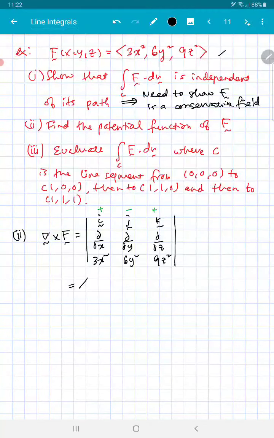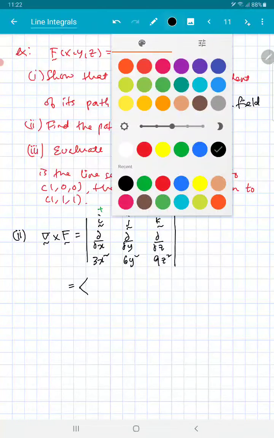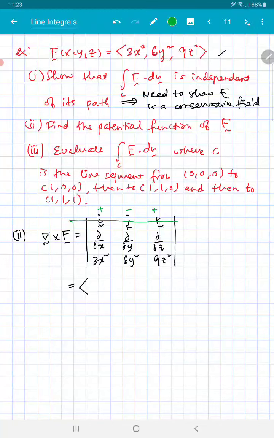Okay, so for the x component, we cross out first row, first column. That will give us partial y of 9z squared, so that is 0, minus partial z of 6y squared. That will give us a 0 as well. And then we have a negative sign.